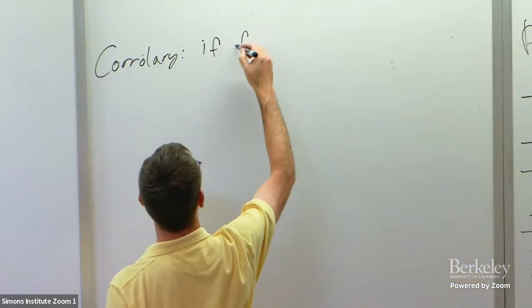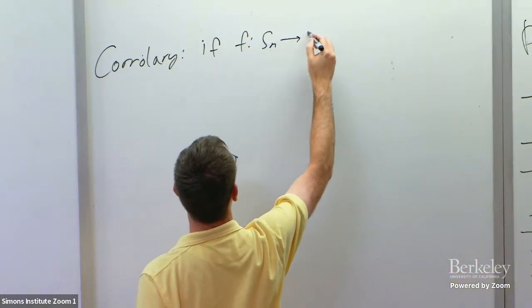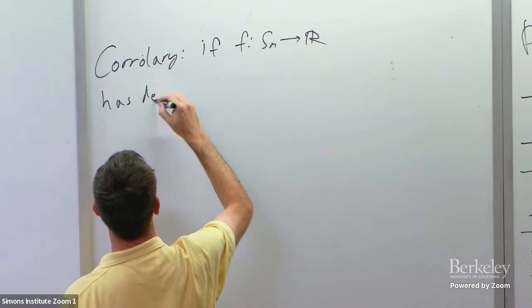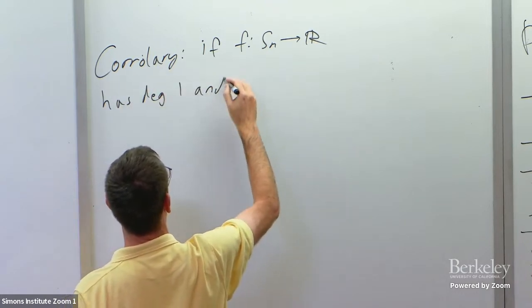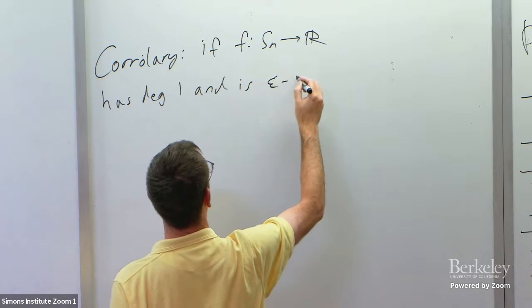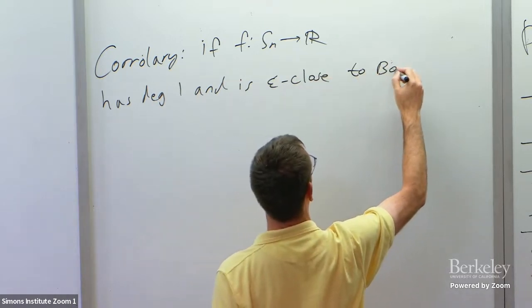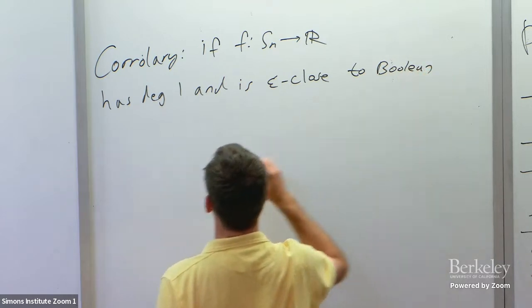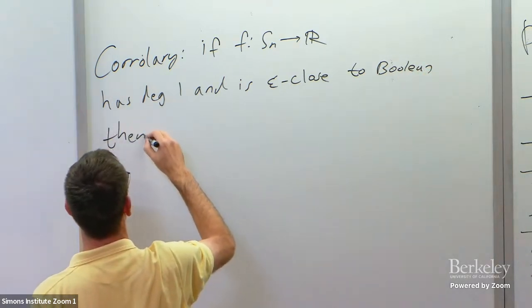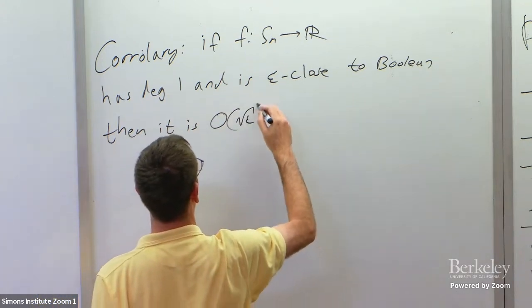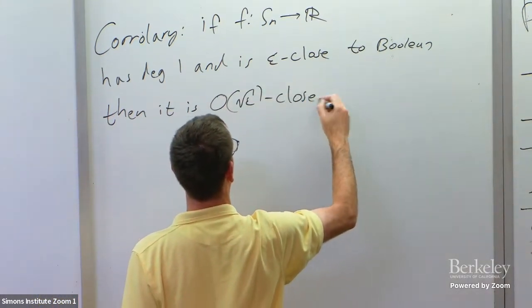If f from Sn to R has degree 1 and is epsilon close to Boolean, then it is order square root epsilon close to a dictator.